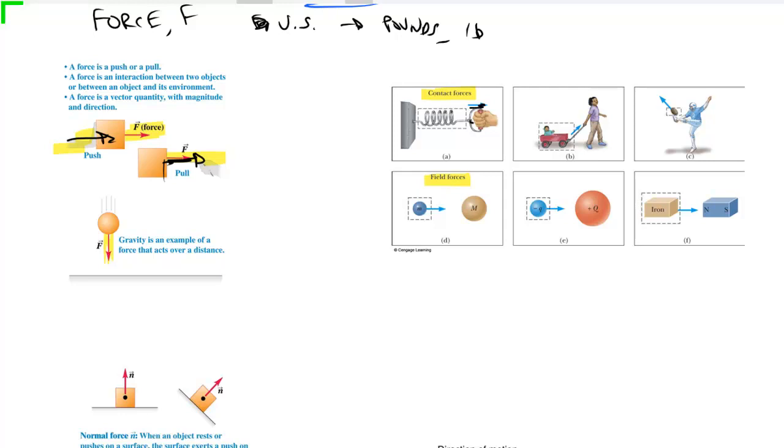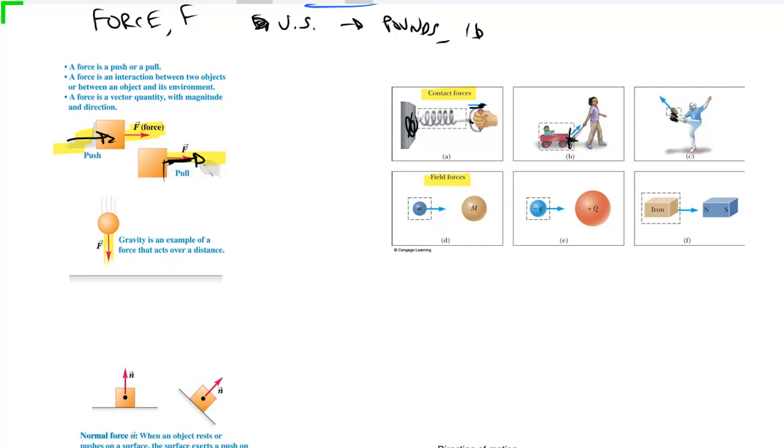The hand pulling on the spring is a contact force, and also the spring pulling on the wall over here is a contact force. A lady pulling the cart: obviously the handle's in contact with the cart, so this is a contact force. Somebody kicking a football: the foot is in contact with the football, and so this is a contact force.